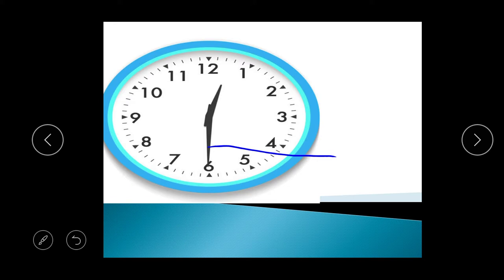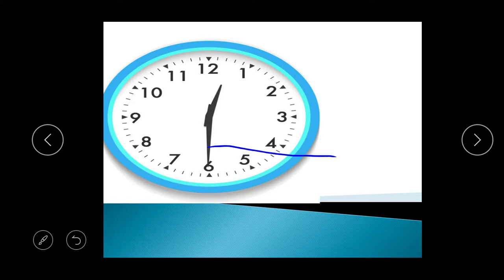Because, why is it so? It is so because the minute hand has moved halfway around the clock. It's like dividing the clock into two. So the minute hand has moved around the clock. That is why we call it half past.